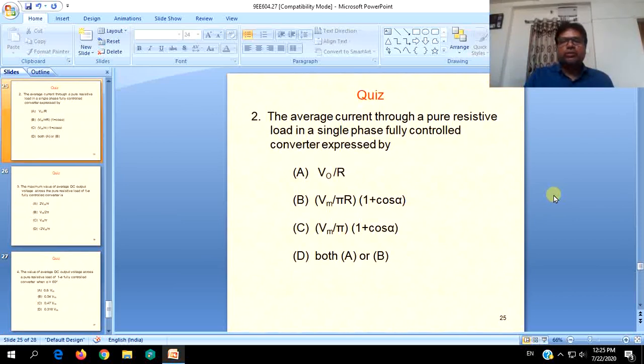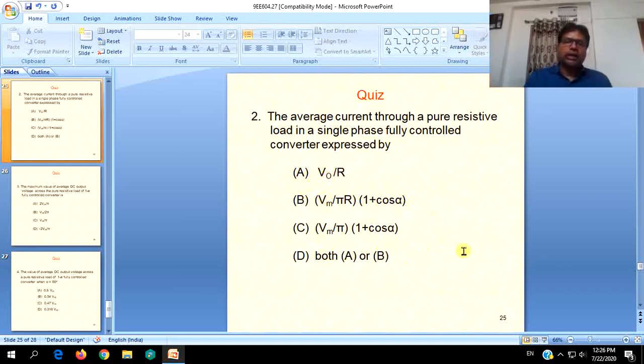Average current through a pure resistive load in a single phase fully controlled converter is expressed by V0 by R. You can also see the other expression: V0 is Vm by pi into 1 plus cos alpha, so Vm by pi R into 1 plus cos alpha is also correct.